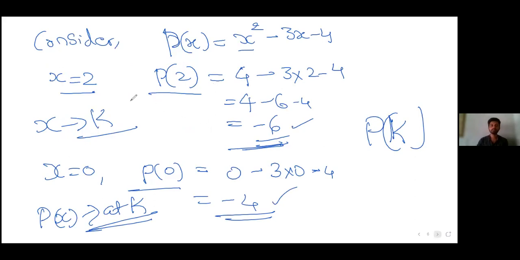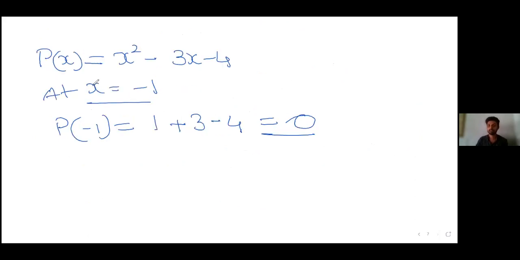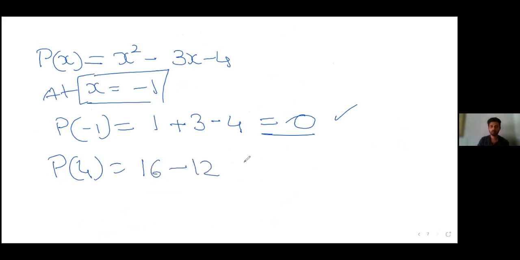But if I insert x is equal to minus 1, this expression gives me the answer 0. Similarly, at p of 4, I insert 4 in the place of x, that is 16 minus 12 minus 4. What is the answer? Again, it is 0.